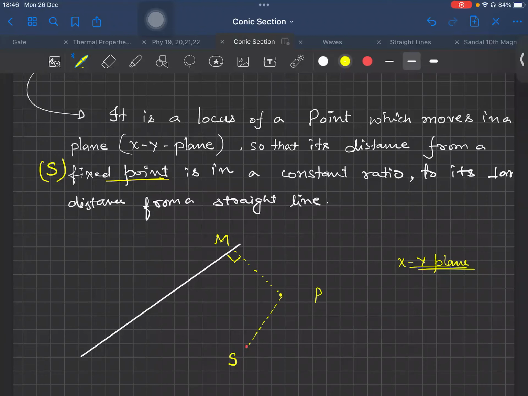A conic section is always such that the ratio of these two distances is constant. That means PS upon PM is always a constant.